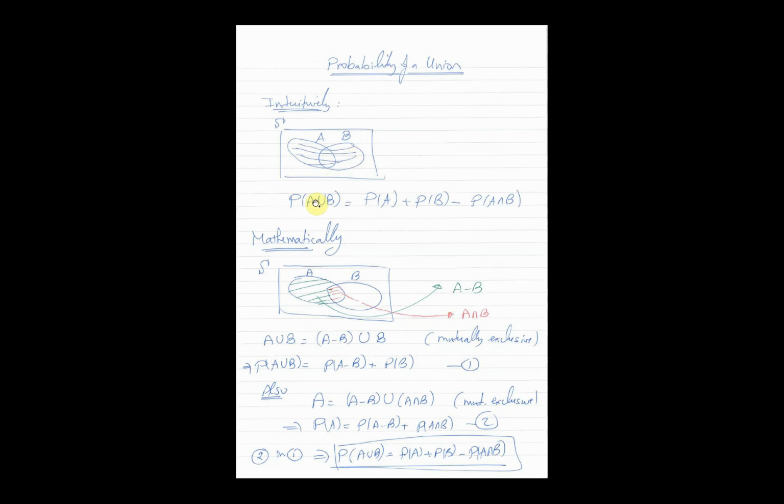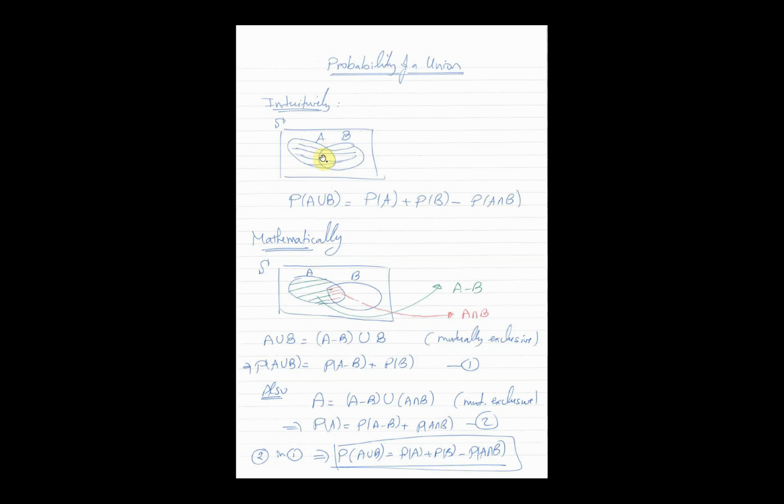Now, it's not rigorously mathematical, but intuitively, if I add the probability of A plus the probability of B, how many times did we cover this intersection, this area in the middle? It's covered twice. So that's why after we add A plus B, we have to subtract one intersection, because this needs to be covered only once.